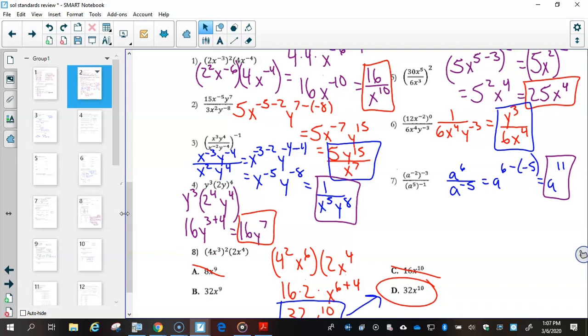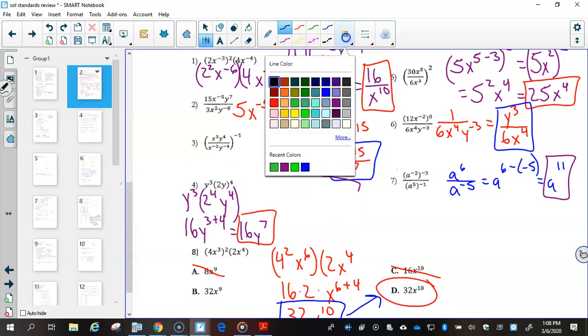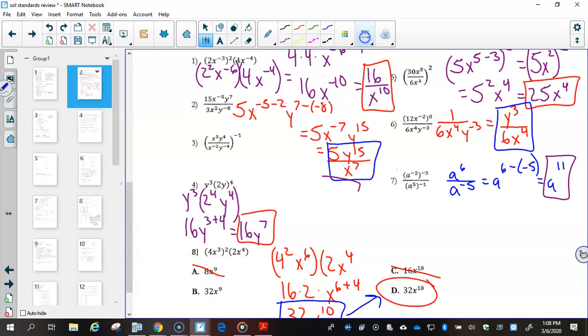So let's redo it. No one got that in the other department. 3 minus -2. 4 minus -4. Is that the answer you had?